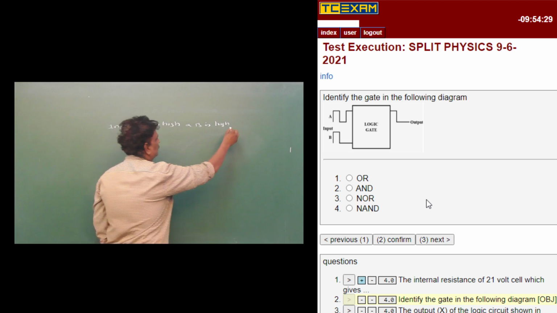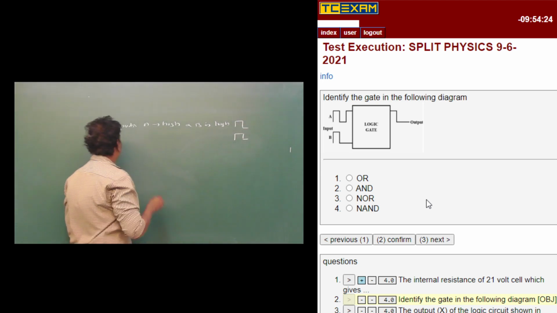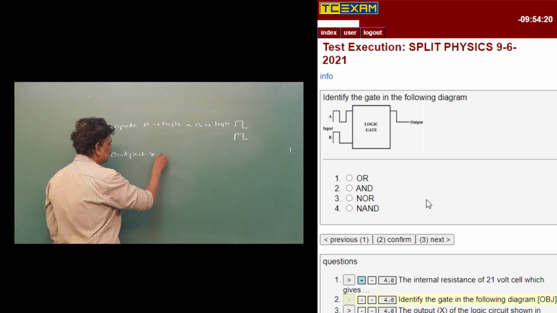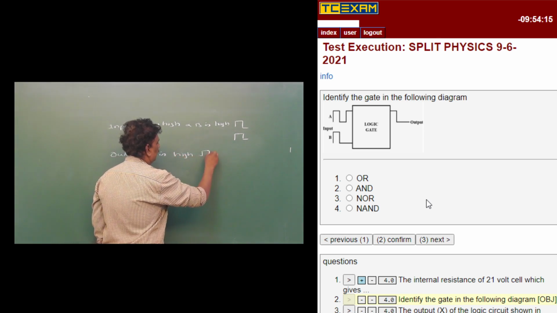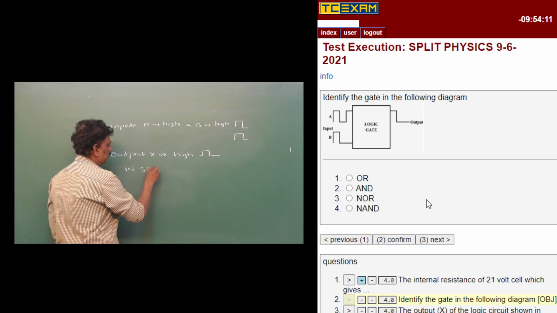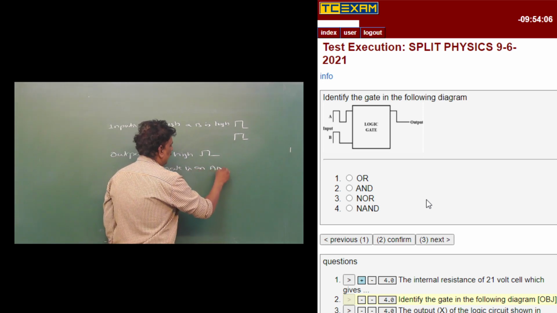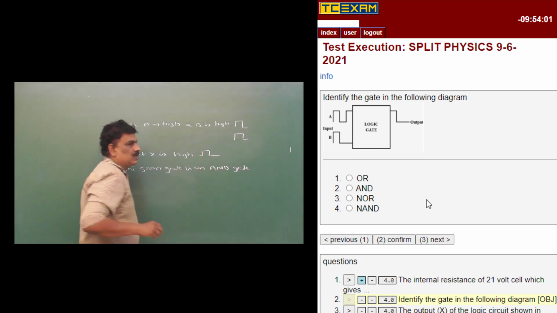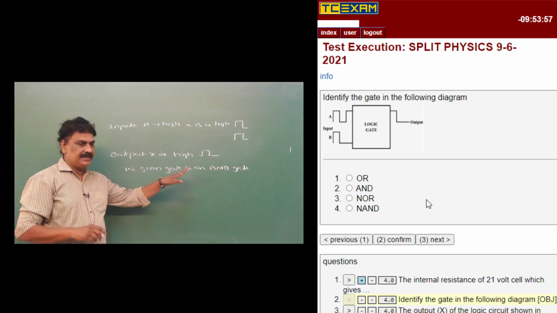And the output X is also high. Therefore the given gate is an AND gate. So both inputs are high and the output is high, so this is an AND gate.